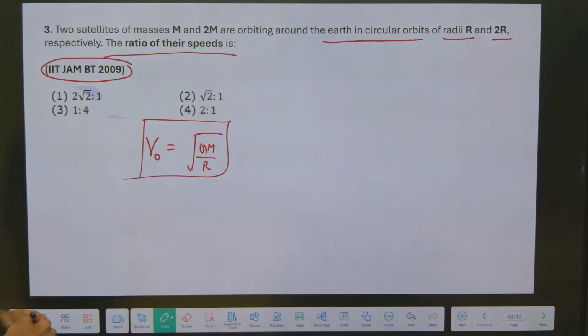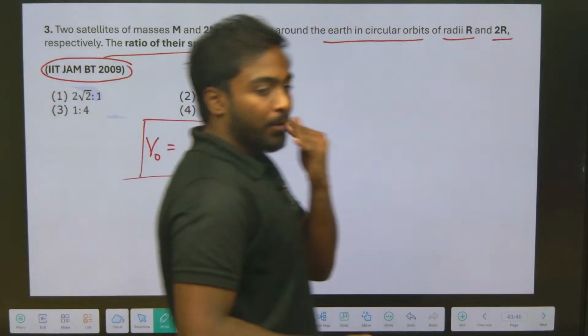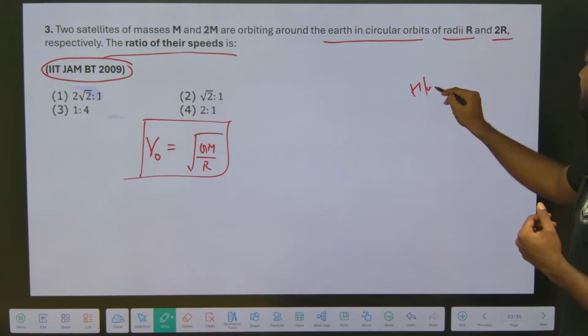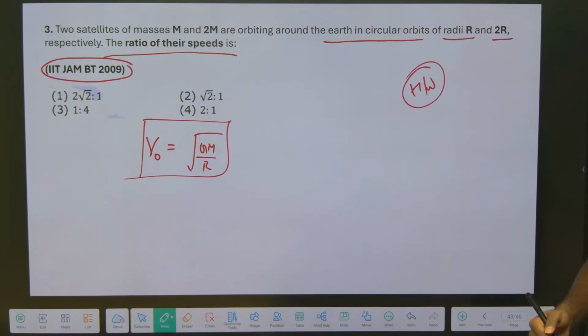How can we find it? Two satellites of masses m and 2m. You guys will try this as homework. Complete this question, we'll see who is going to give the answer. You can comment the answers in the comment box, those who are watching.